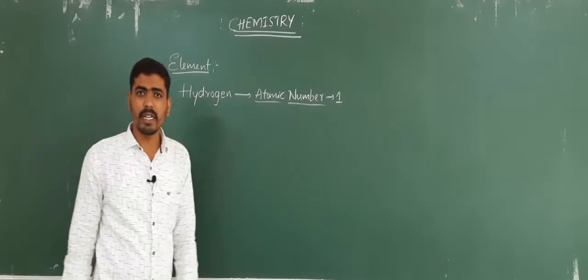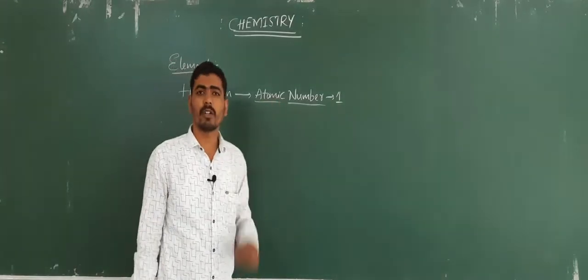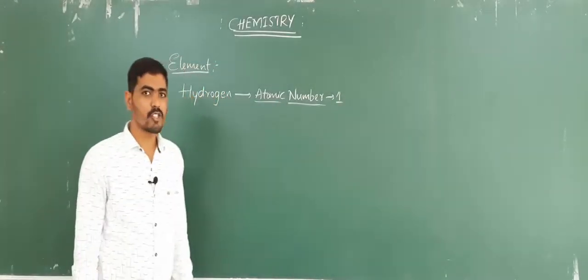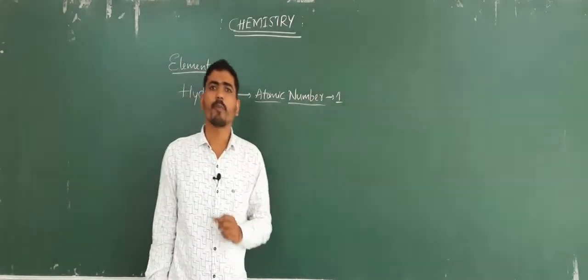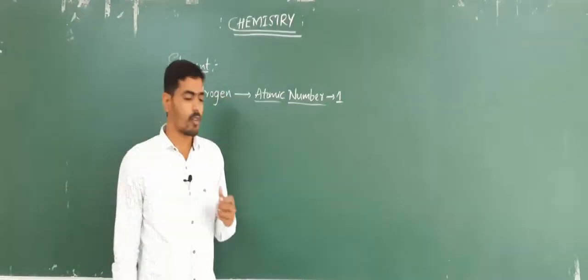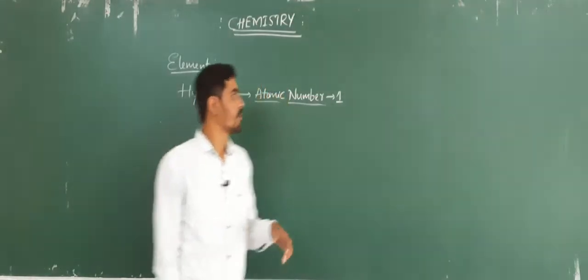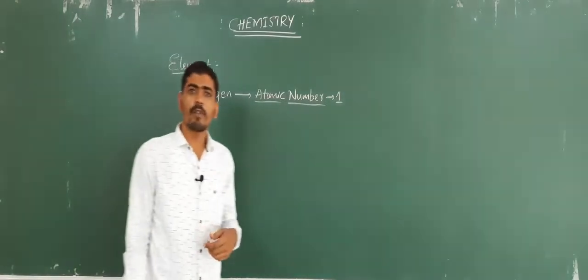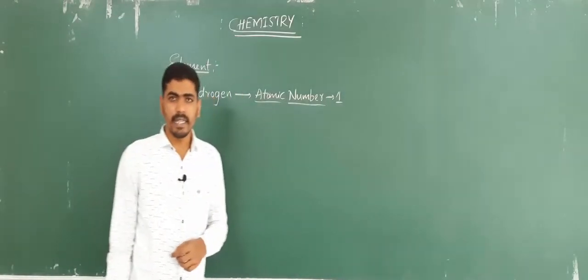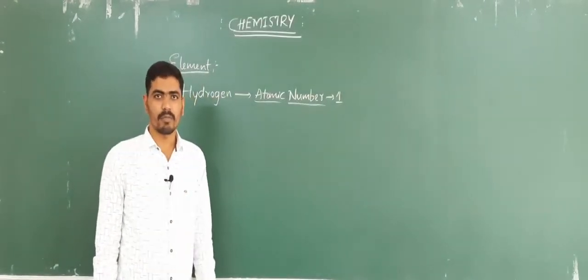As I already explained while explaining the structure of the atom, the atomic number is the number of protons which are present in the nucleus of an atom.